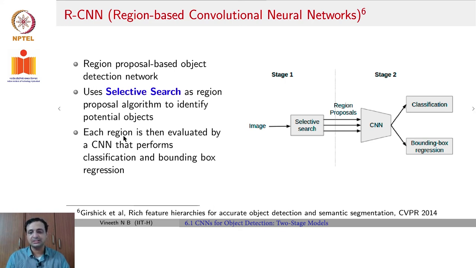Each of these regions is then evaluated by a CNN to perform classification as well as bounding box regression to get the correct localization inside those region proposals. Remember, when we talked about OverFeat, we said that we could divide these into two heads. We will continue to use that for all detection methods that we will see.